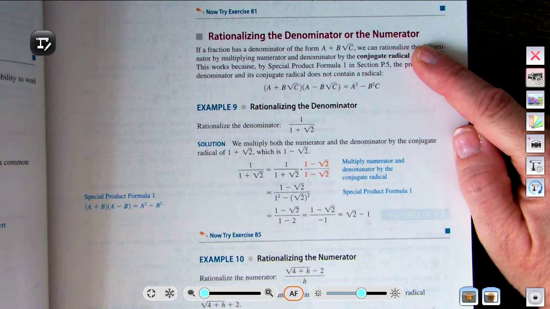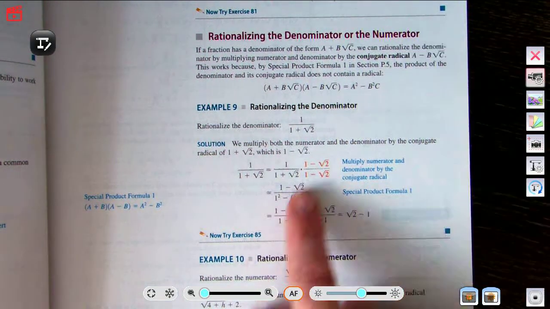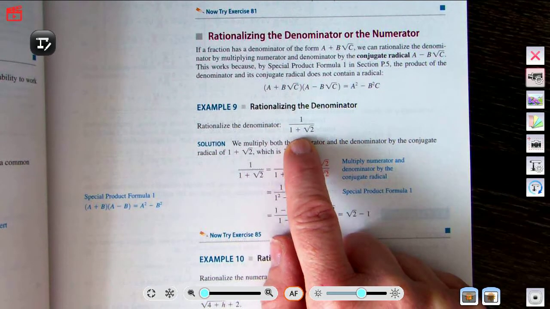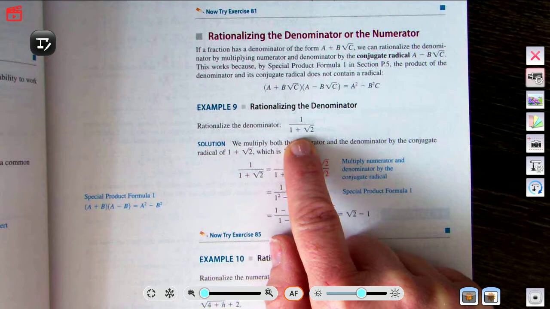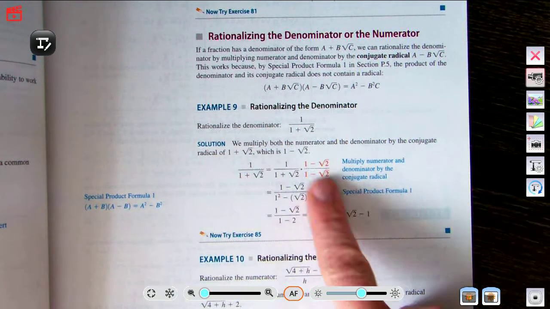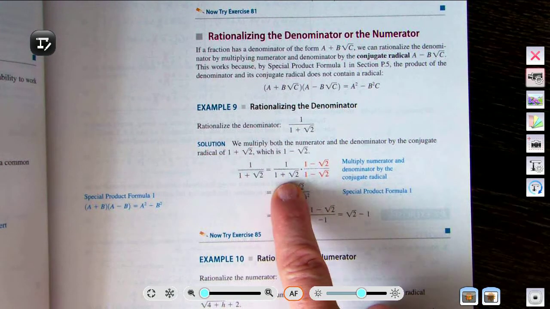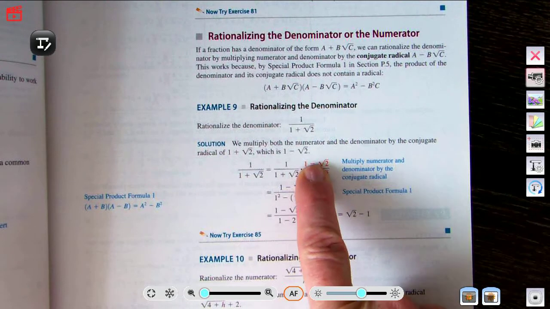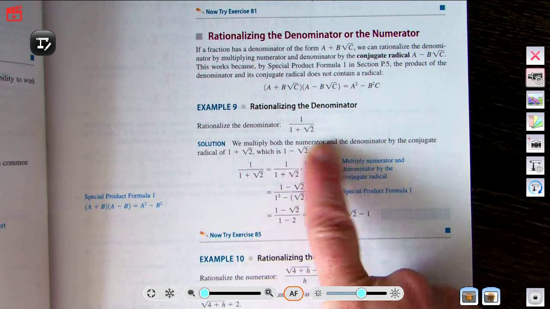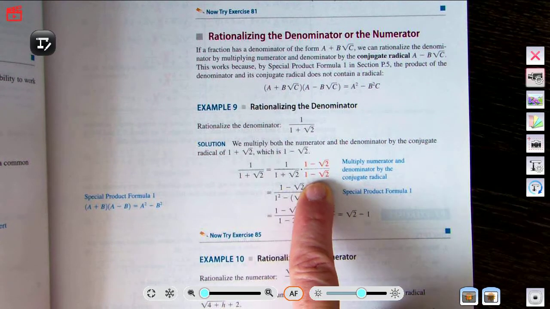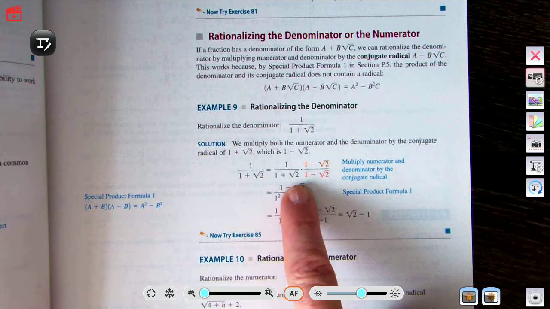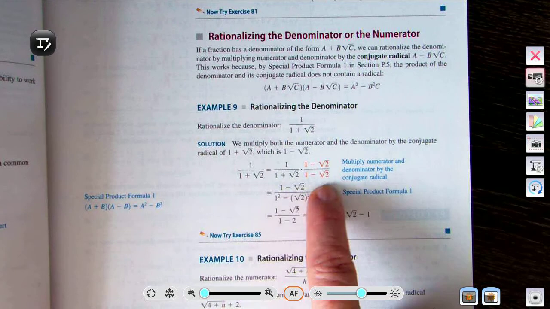I'll remind us. But the key to rationalizing something a little bit more complicated is to multiply again by a really funny looking 1. The funny looking one is the conjugate, which is the same thing with the opposite sign. Notice in red here, this is a form of 1. When they multiplied, it is going to those inners and those outers. They are foiling.